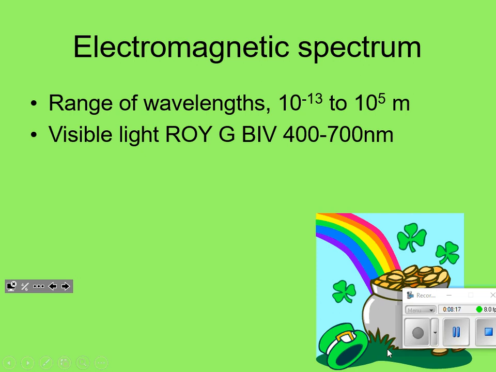Within that huge range of wavelengths that I have in the top bullet point, only a small fraction of light that's given off by things can we actually detect with our eyes. From 400 to 700 nanometers. Nanometers. That sounds familiar from Unit 1. You had us do this metric conversion with that. This is the reason why. When we talk about light, the unit of measure for waves of light is in nanometers.